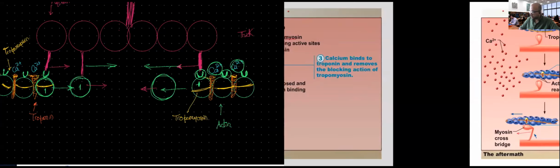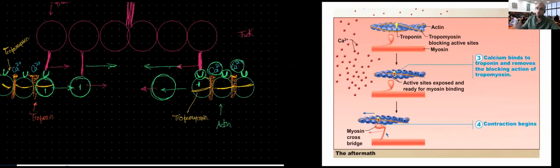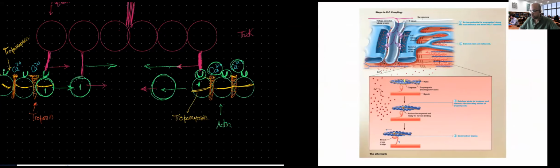What's going to happen next? The myosin will form a cross bridge. So the heads of the myosin subunits of the thick filaments will form a cross bridge and will be pulling the thin filaments towards the M line, causing the shortening of the length of the sarcomere, allowing the contraction to take place.